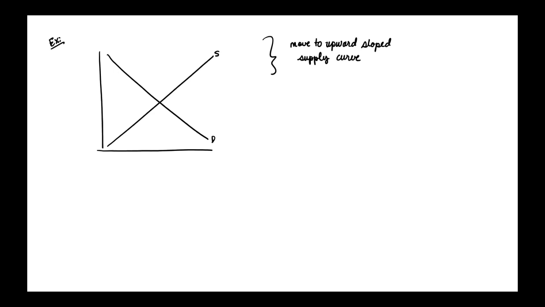All right, and let's do the same example. Let's assume that good Z generates a positive externality.